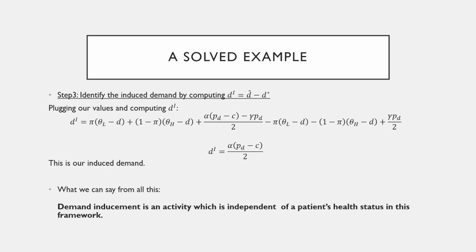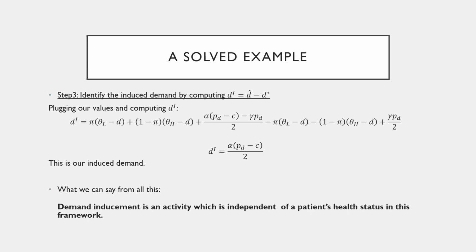Now we're going to actually take the difference between these two. We're plugging in these values here, and we're going to see that we have a situation where our induced demand is going to be exactly the same as our case from before where there was no diagnostic risk.